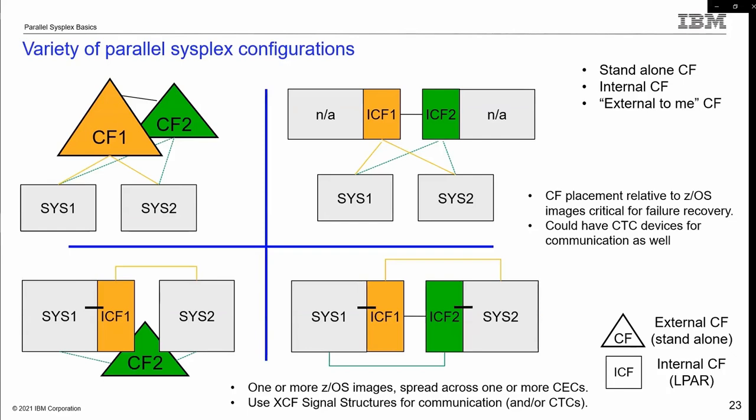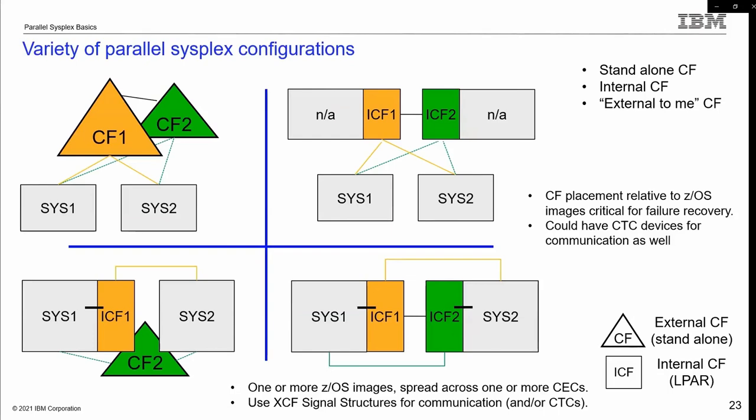And so in this upper left-hand corner, we're dealing with something which is called an external coupling facility or standalone coupling facility. What that means is that that particular CPC mainframe box only contains coupling facility image or images. Okay, so by doing so, you're failure isolating that particular coupling facility to a particular CPC.